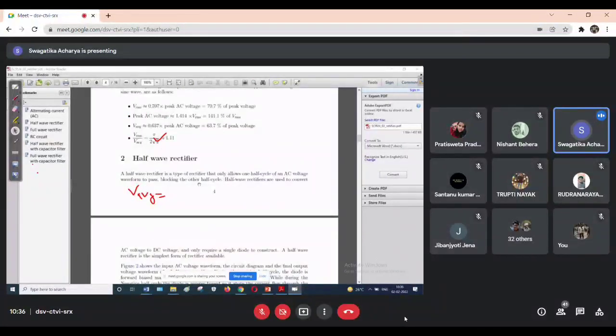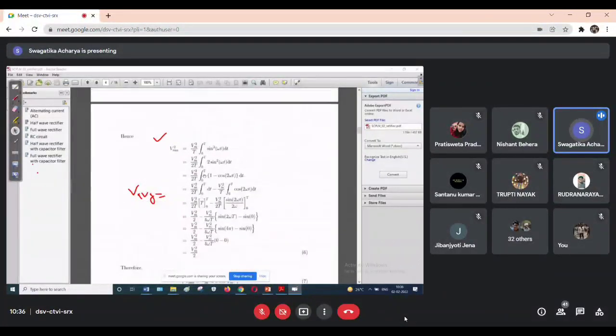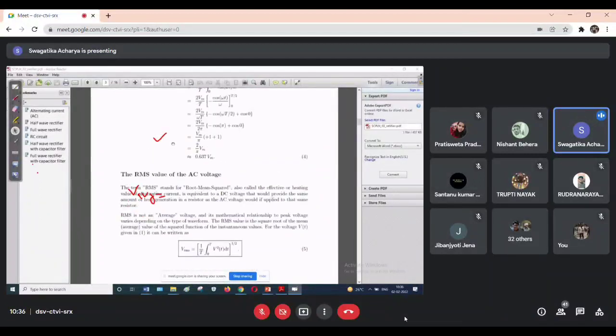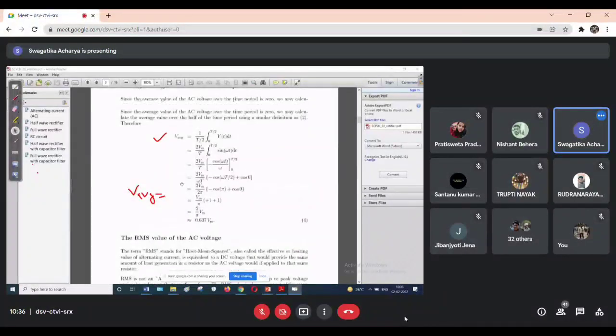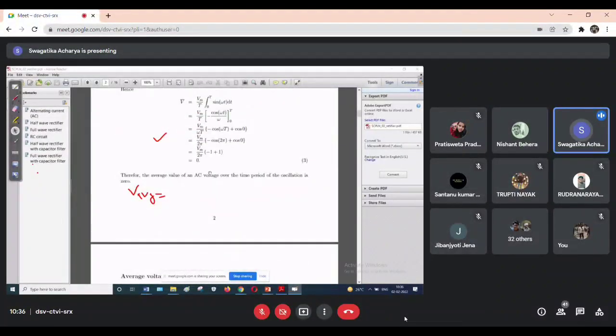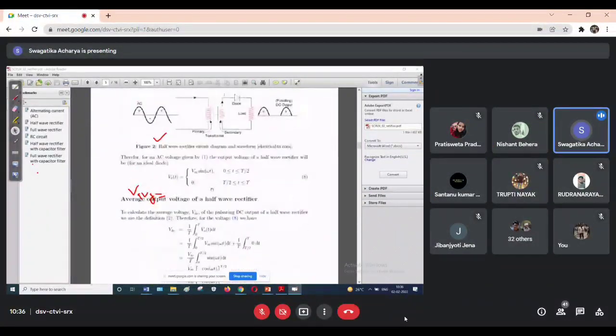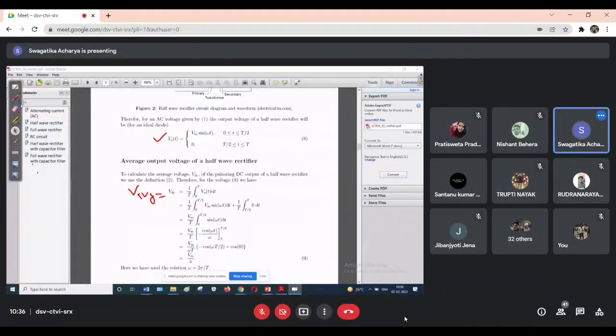This method is what we have already done, where we calculated the average, right? Here we were discussing our average, for the sine wave. The same method you will apply. You know how to calculate the average, right? So for the average you will take 1 by T integration with limits varying from 0 to T of V naught of t dt.